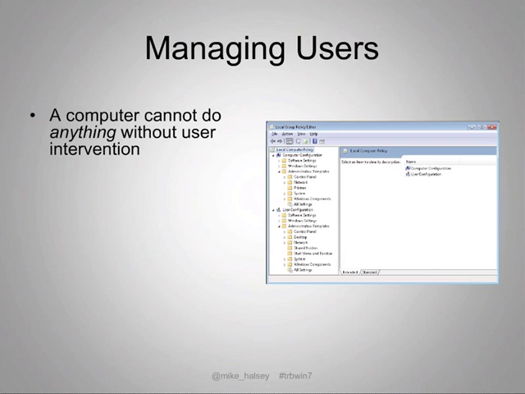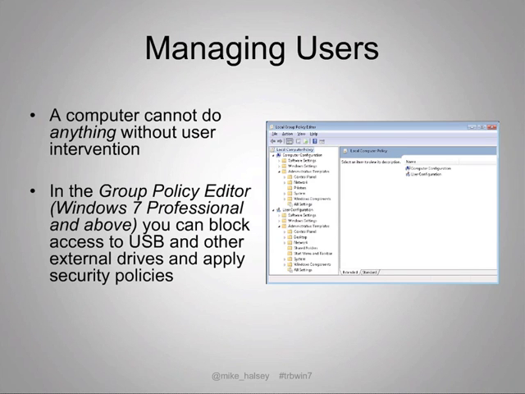Now, with Windows 7 Professional and above, you have a group policy editor, and you can use this to do all sorts of things, such as, for instance, blocking access to USB flash drives and other external media, other external hard drives and the like, to prevent people from being able to transfer malware or viruses onto your computer system. Lots of companies will also want to block access to these as well, so that they can stop people from stealing corporate data.